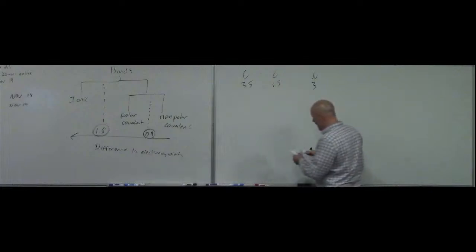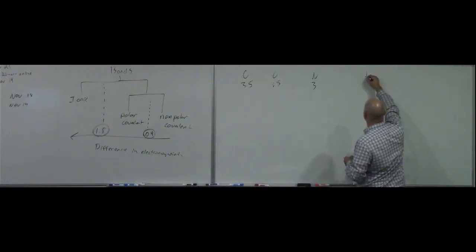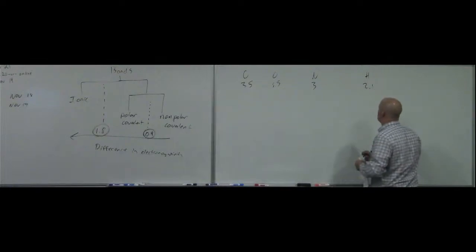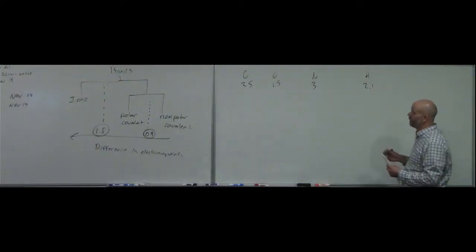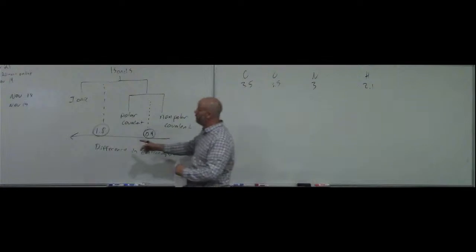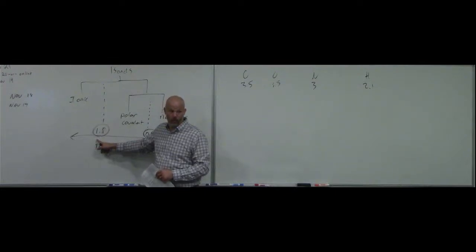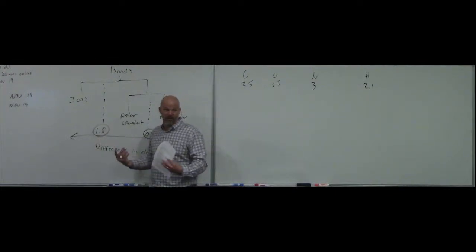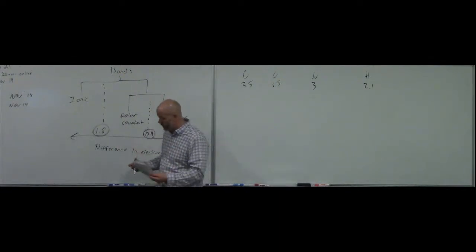If I bond it with hydrogen, which is 2.1, what's my difference? 1.4. It's getting close to this limit, right? And so water, H2O, is a very polar molecule. It functions like a magnet, has regions of some serious charge.